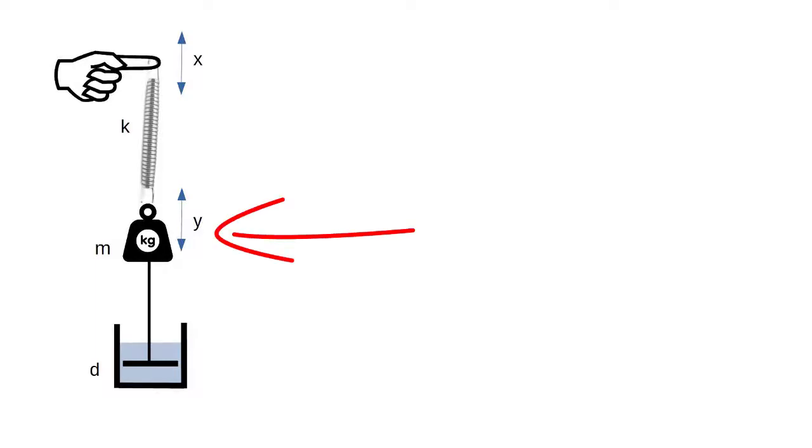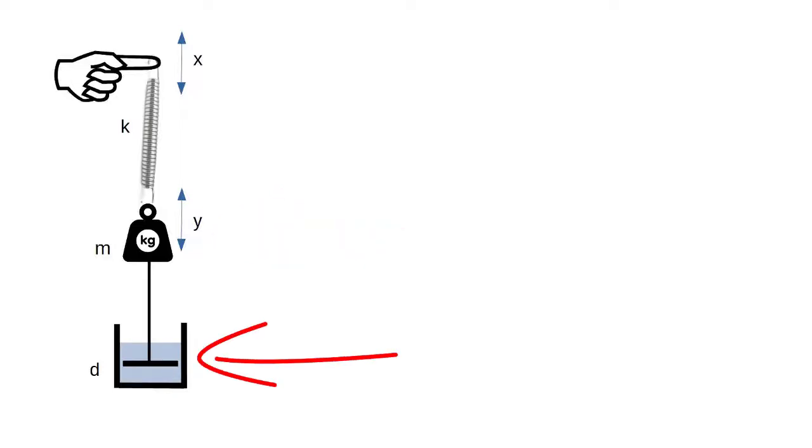We have a mass, which was our chunk of metal in my demo, and we have a damper. This is shown as a piston pushing some fluid, like a car shock absorber. In the demo, our elastic absorbs energy as it flexes and hence provides the damping.